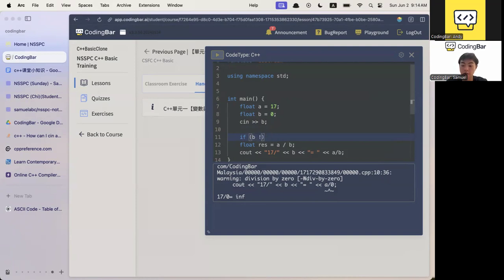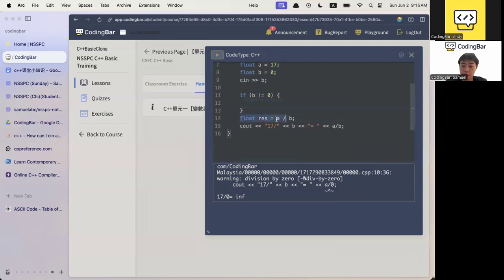If B not equal 0, then we store the result as A divided by B. Else, if B equal to 0, that means it's infinite. A divided by B will be infinity.